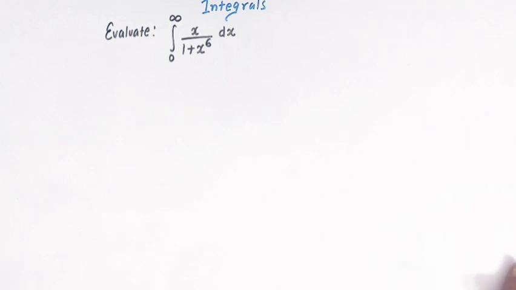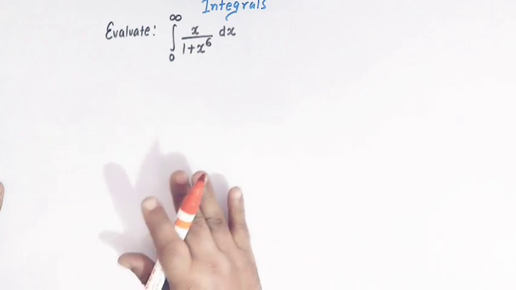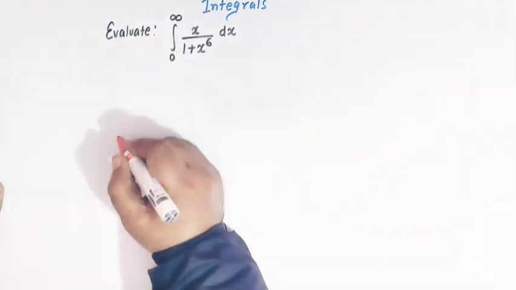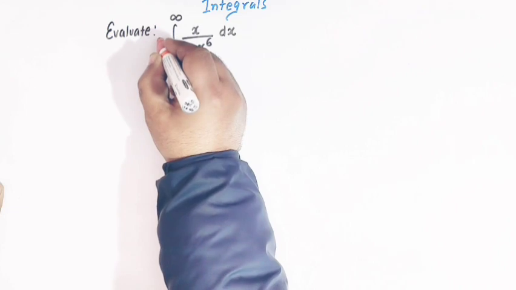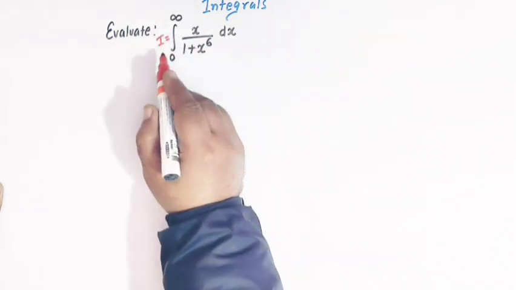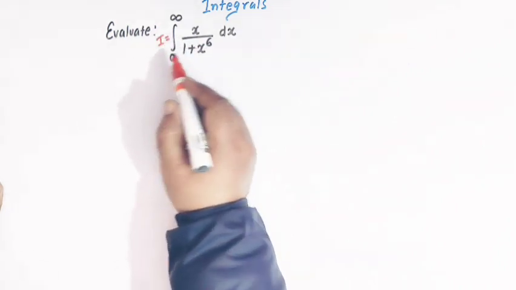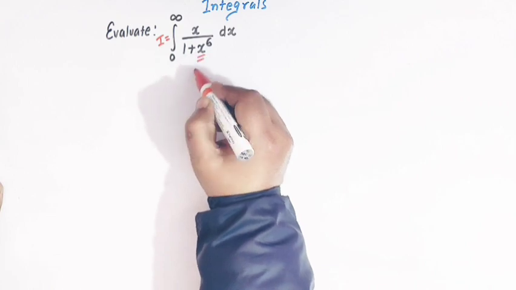So viewers, in integration, the method of substitution is a very powerful tool. And while dealing with integration, we usually make use of the method of substitution. So here, we'll also take help of the method of substitution, and let us call this integral as I. Now see, here we have x raised to 6.